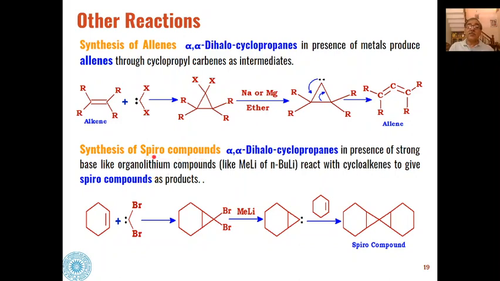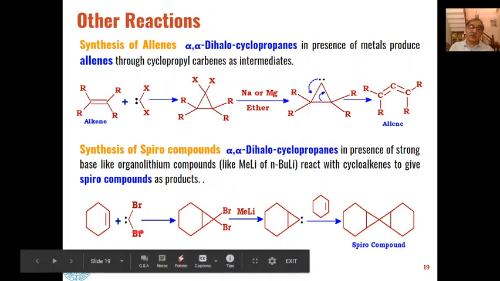Then from carbenes we can also synthesize spiro compounds. So here again alpha-alpha dihalocyclopropanes. So these alpha-alpha dihalocyclopropanes, for example, this is alpha-alpha dibromocyclopropane formed from the reaction of cyclohexene with the dibromocarbene.